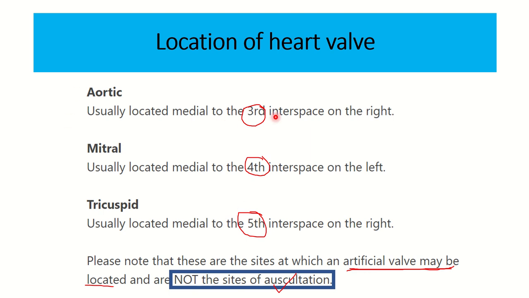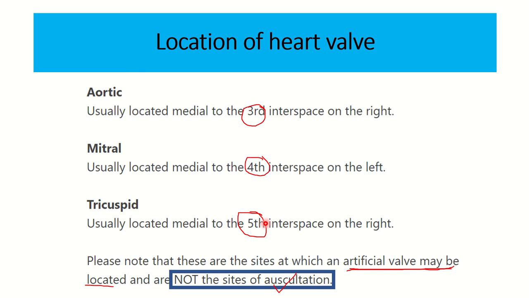The aortic valve lies in the third intercostal space, but its auscultatory sound is found in the second intercostal space on the right. The mitral valve is located in the fourth intercostal space on the left side, on the medial part, but it provides its sound in the fifth intercostal space at the mid-clavicular line. And the tricuspid valve is usually located in the fifth intercostal space on the right, but it provides its sound on the left side of the heart.